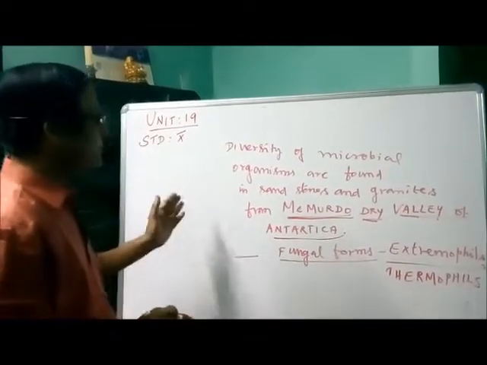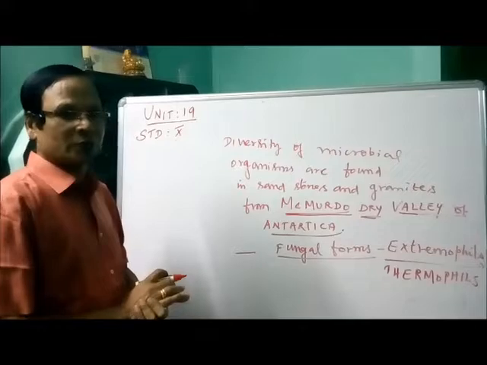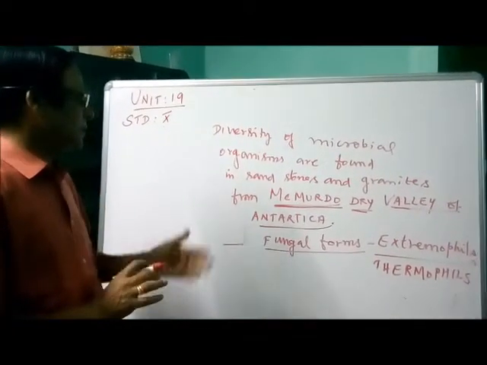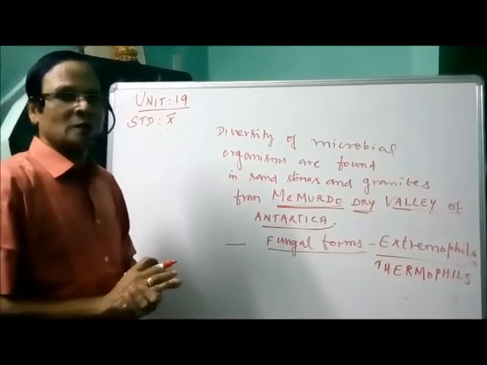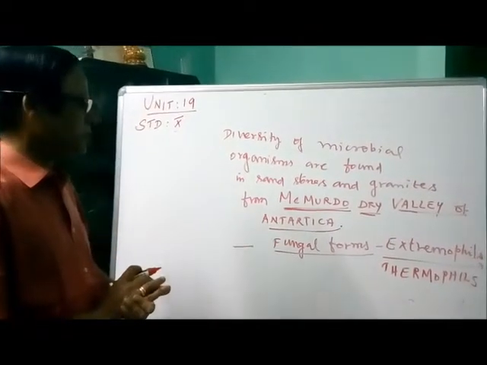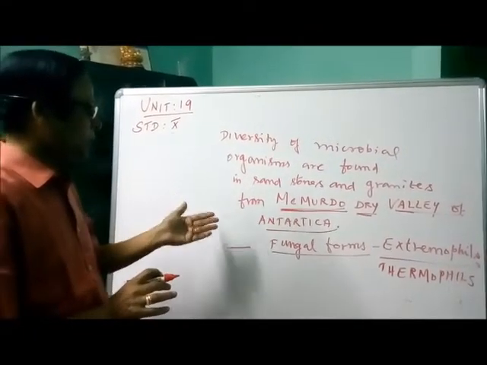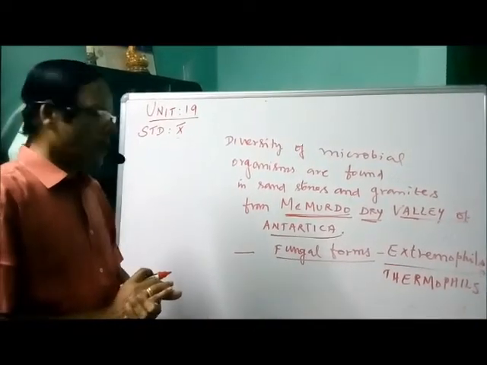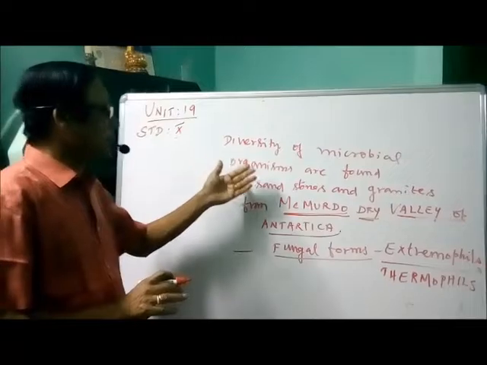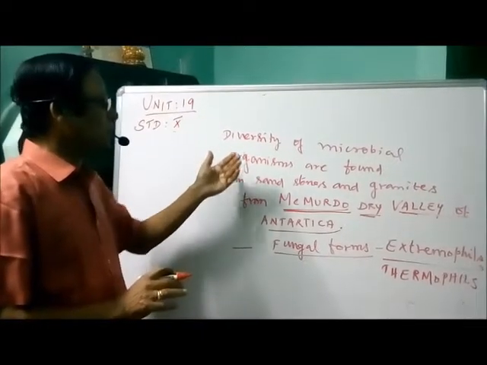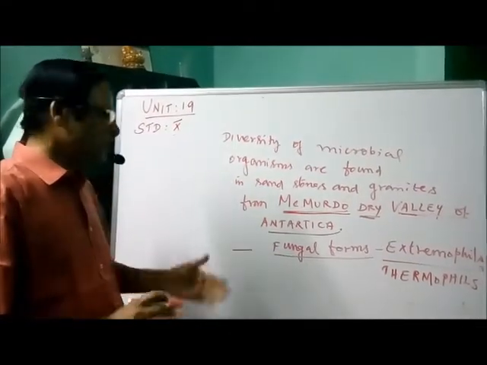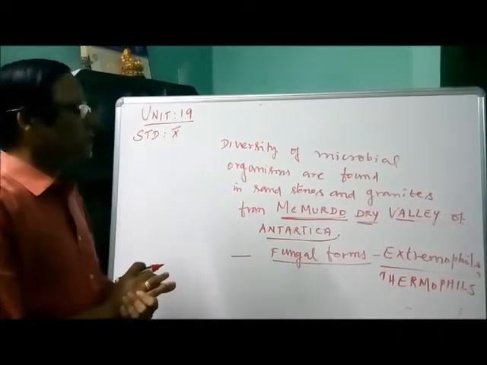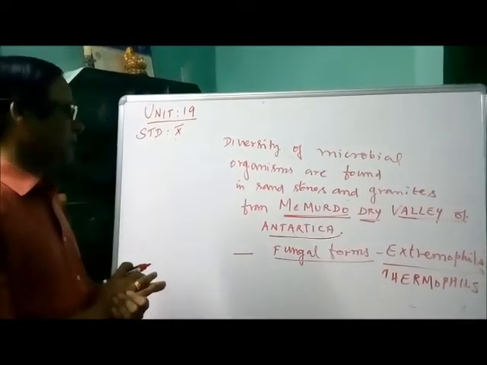There we have a diversity of microbial organisms in sandstones and granites, which is the best example of extremophiles living in cold situations. In Antarctica, you know it is extremely cold, and there you have organisms living, which are nothing but microbial organisms, fungal forms which can tolerate extreme cold conditions.